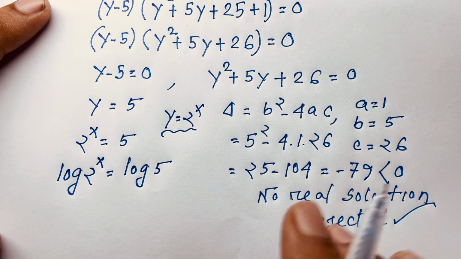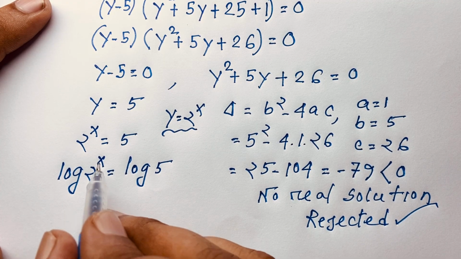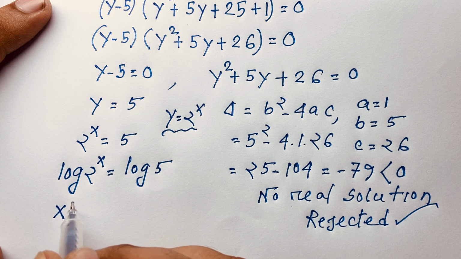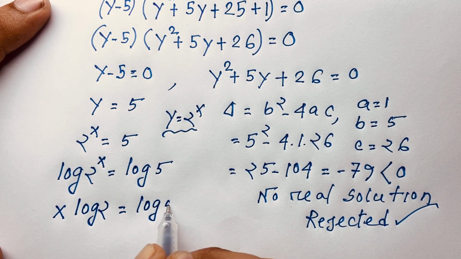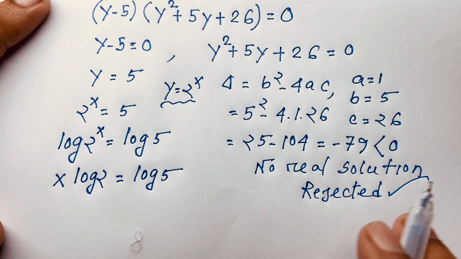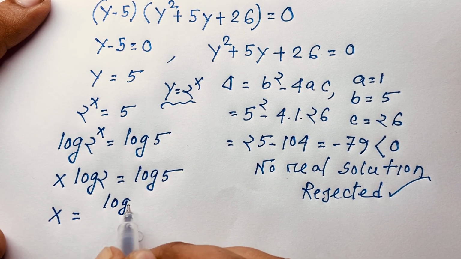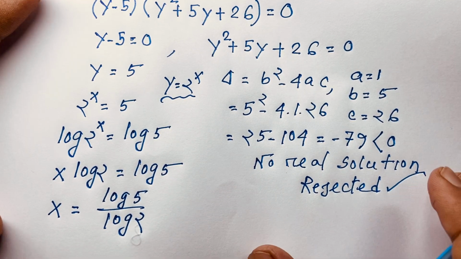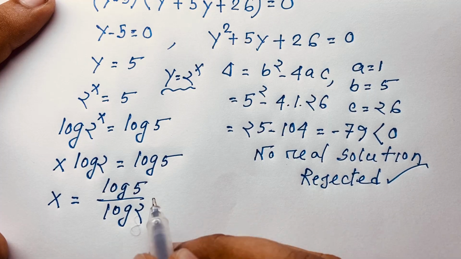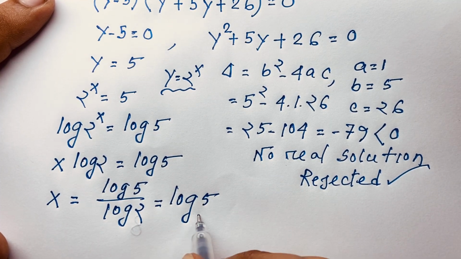Now this x moves in front according to the logarithm formula, so x times log 2 is equal to log 5. Then if I divide both sides by log 2, x will be log 5 over log 2, which is log 5 base 2.